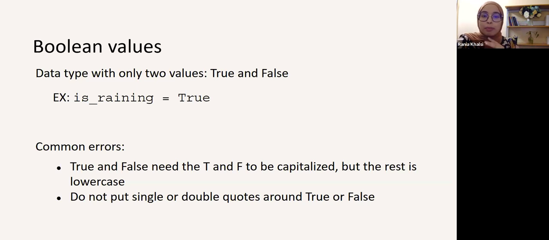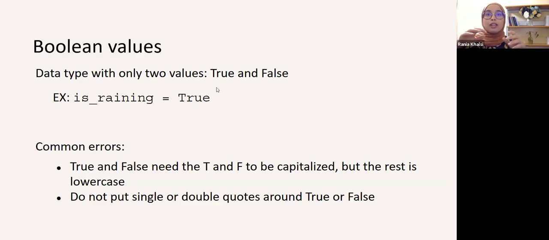Okay, and also some people get confused and put single or double quotes. As we saw before, I have a variable equal, and I'm assigning some value to that variable. So if I use quotes here, which means is raining is equal to "True" with quotes, then in this case it is going to be interpreted as a string. Even if you print this variable, what you can see is the word True.